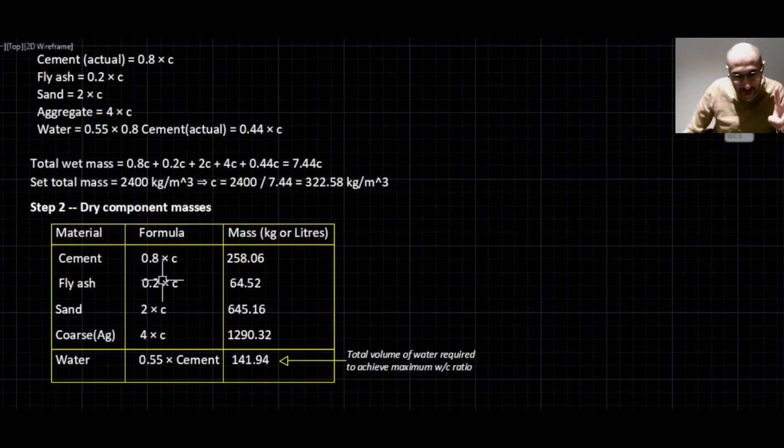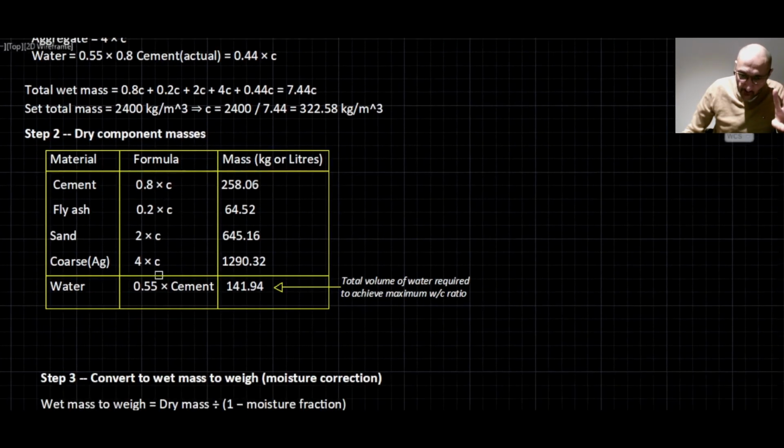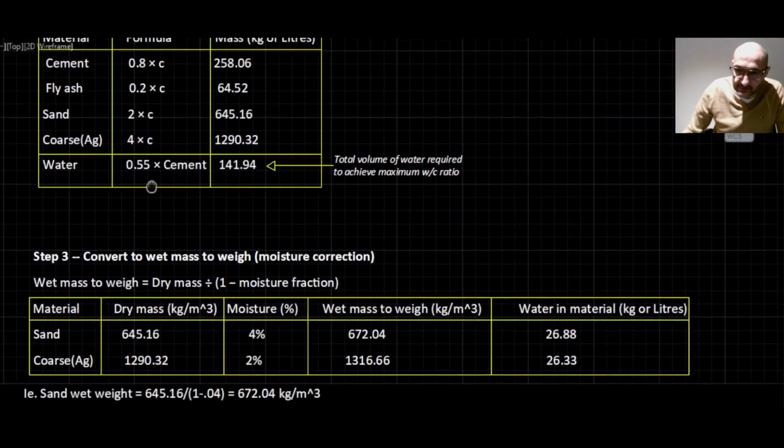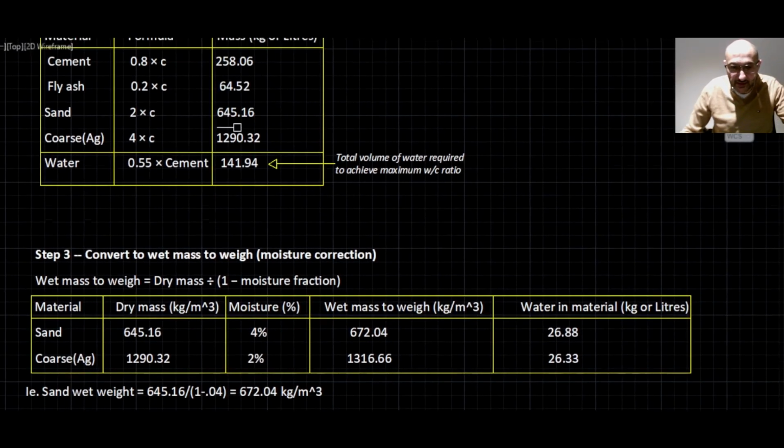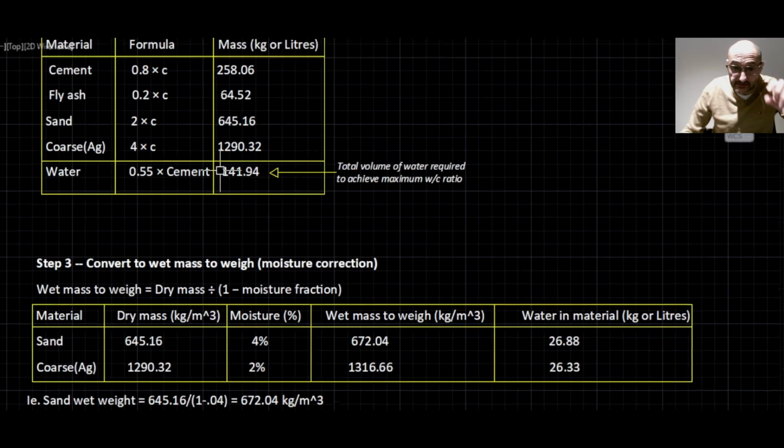Sand is 2 C, 645.16. And then the coarse aggregate is 4 C, which is 1290.32. Now in this table here, the sand and the aggregates do not include the moisture, okay?